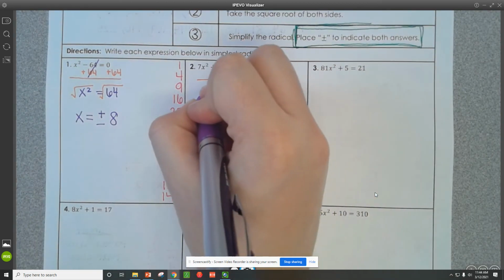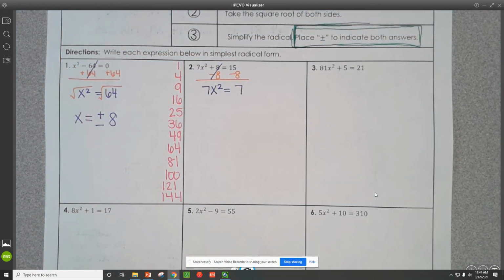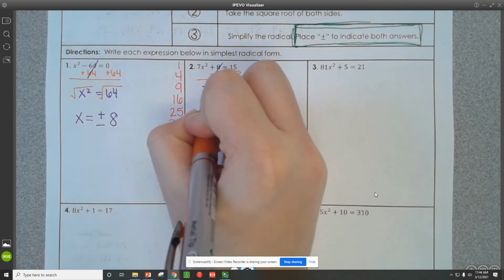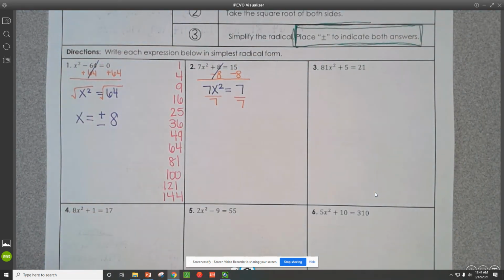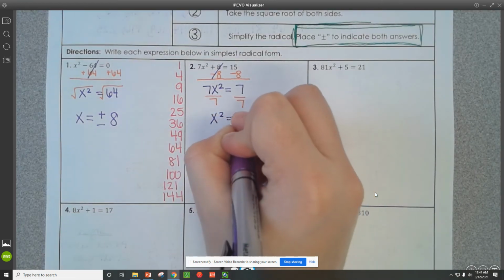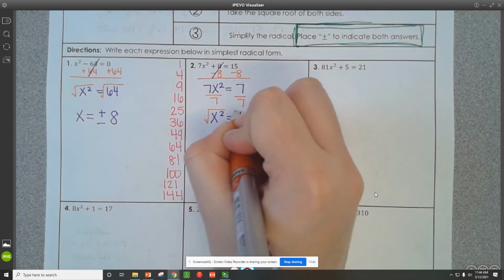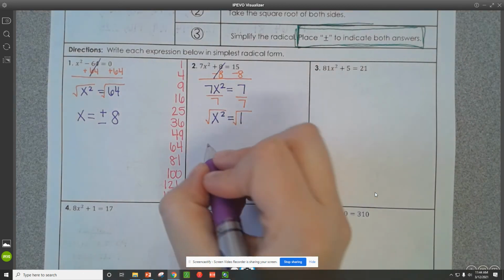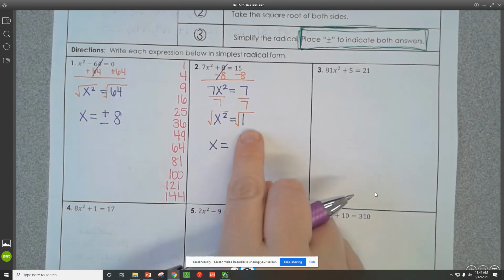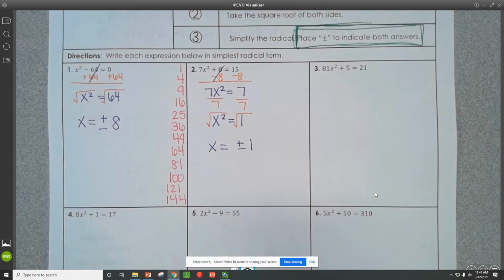Those cancel. 7x squared equals 7. And then we divide by 7. So x squared equals 1. And then we take the square root. So x equals, the square root of 1 is 1. But we have to include plus or minus 1.